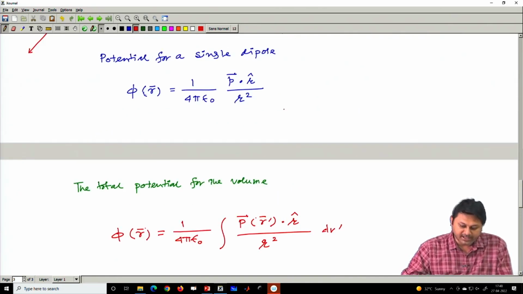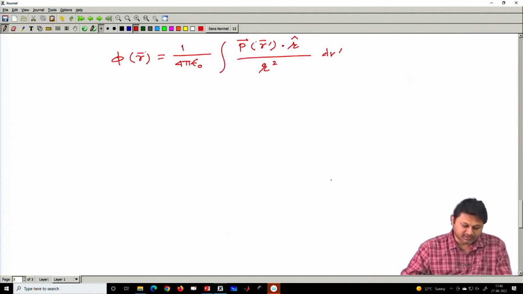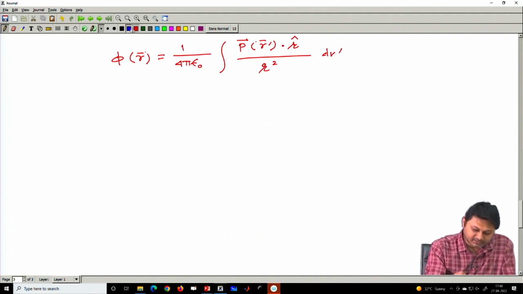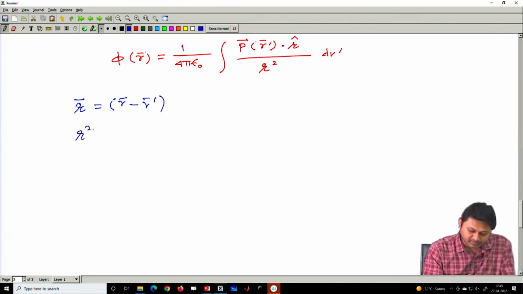For a single dipole I have this, and for the entire volume I need to integrate it. The vector r is simply r minus r prime, and r square is simply the mod of r minus r prime, squared.